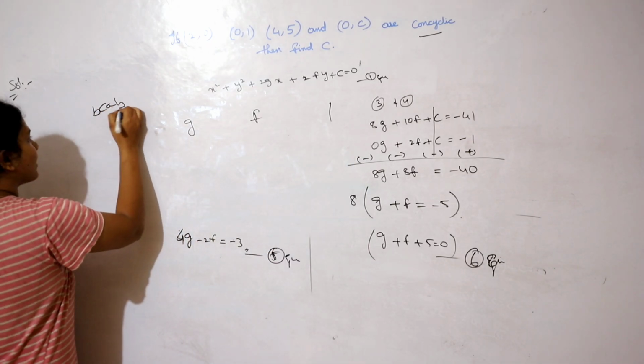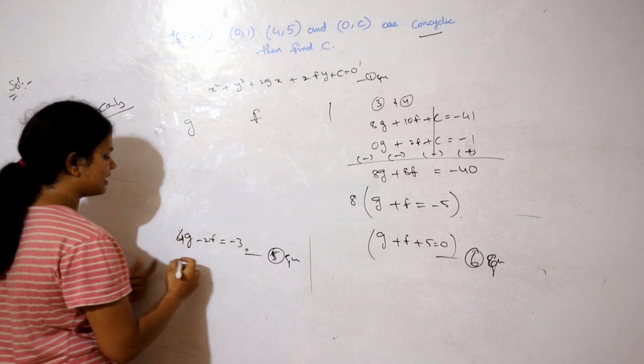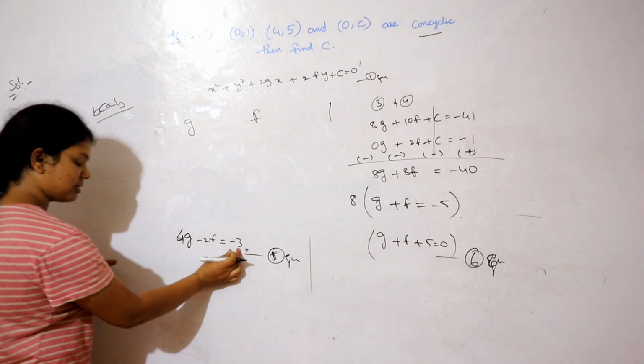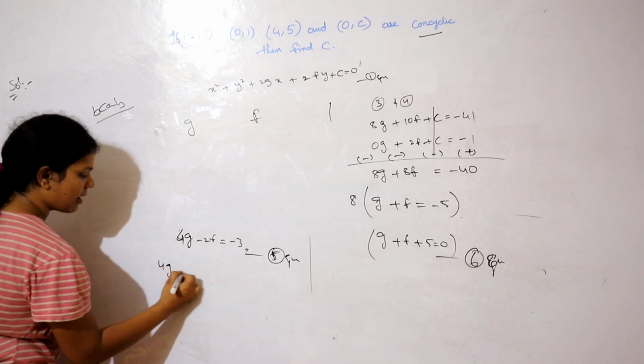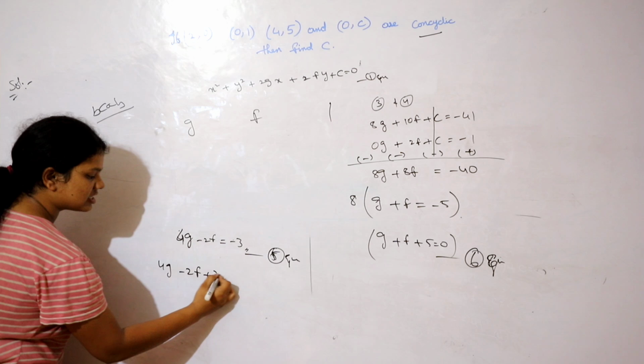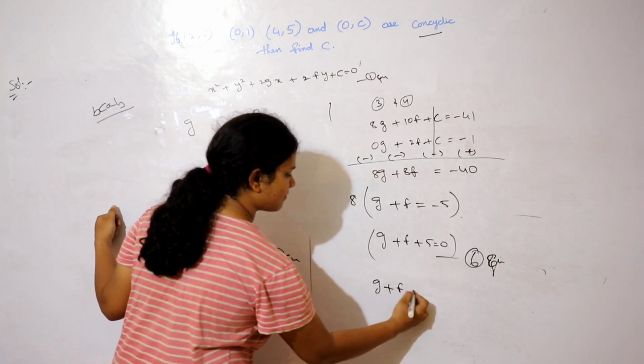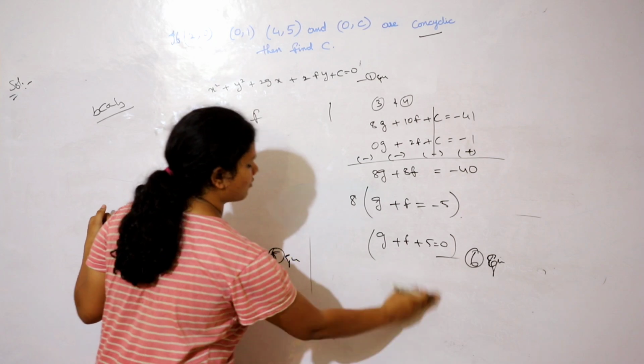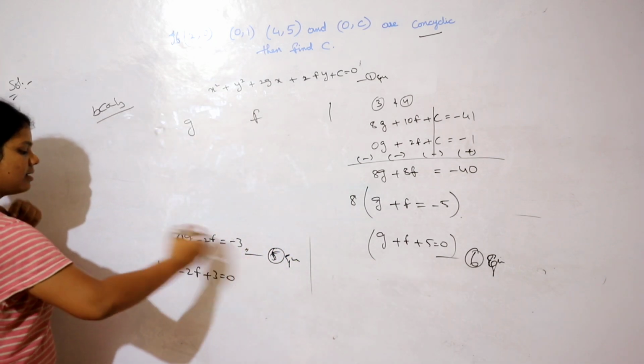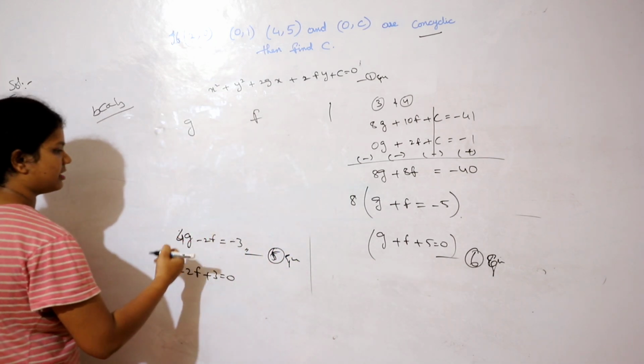So take this minus 2 to the other side. This becomes 4g minus 2f plus 3 equal to 0, and g plus f plus 5. Okay, this is in the form of ABC, right? So no need to bring this to the other side.